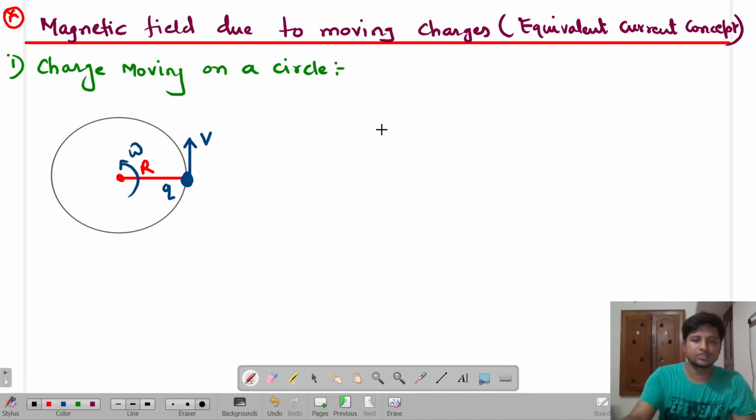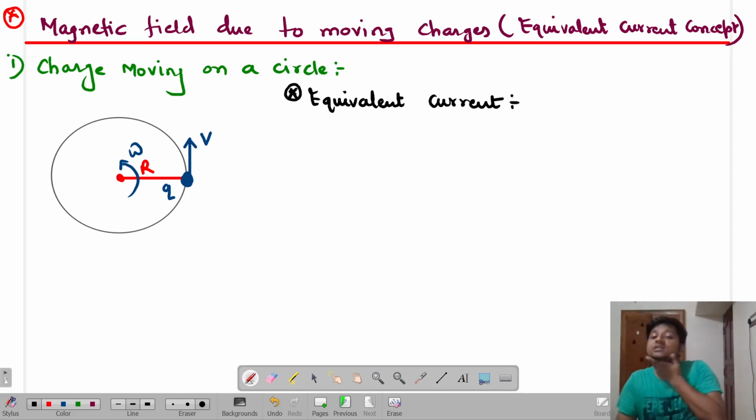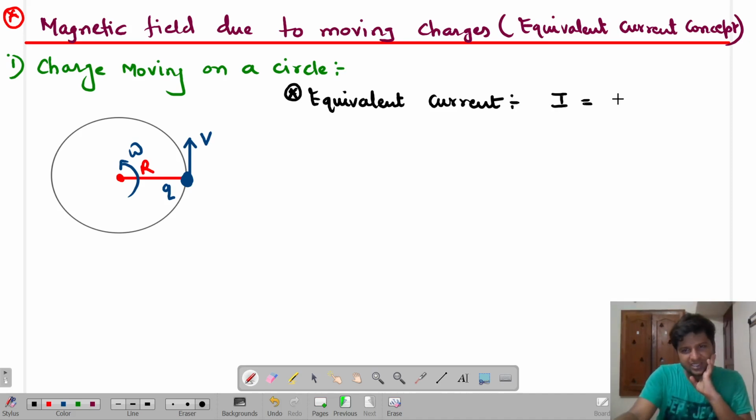So basically, the question arises: what is the formula of equivalent current? First, you should define your current, isn't it? If a charge rotates on a circular loop, what is the current defined over here? Tell me. Is it per unit area or charge by time?